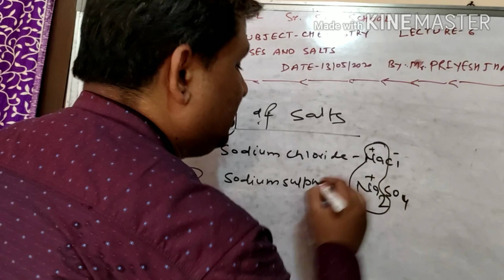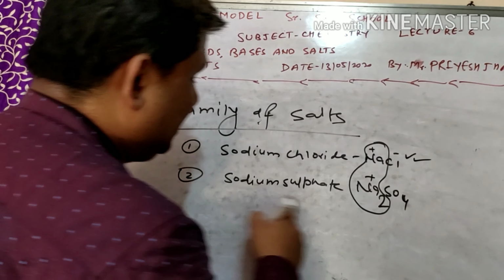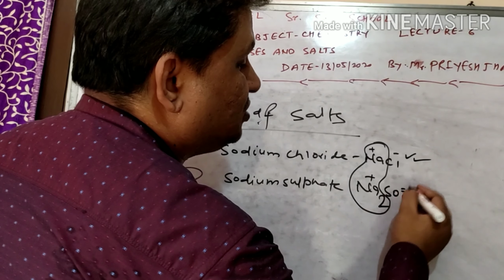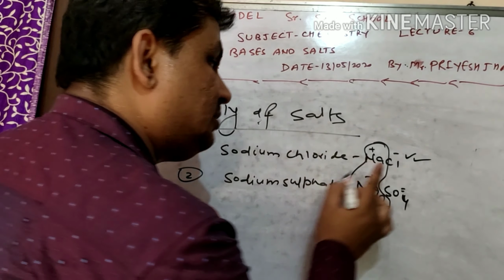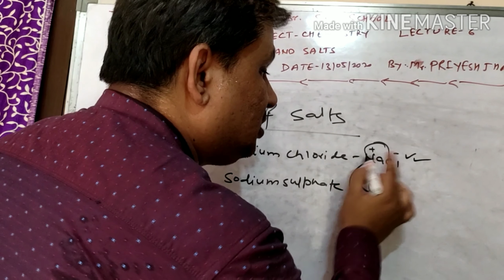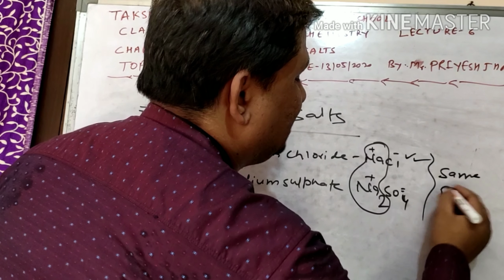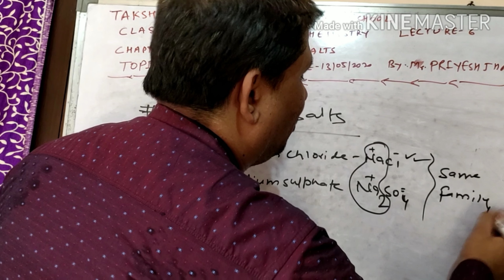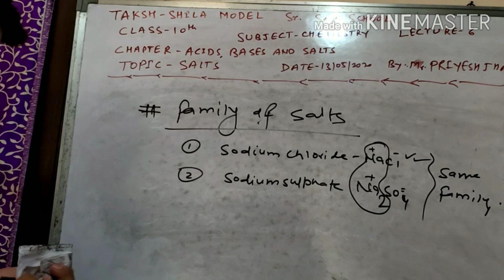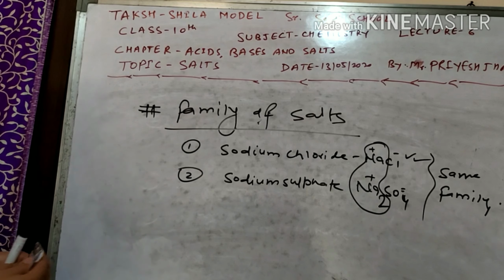In case of NaCl, negative charge is present on Cl, and in case of sodium sulfate, negative charge is present on sulfate. But the positive charge is present on the same element, sodium, so they will belong to the same family.